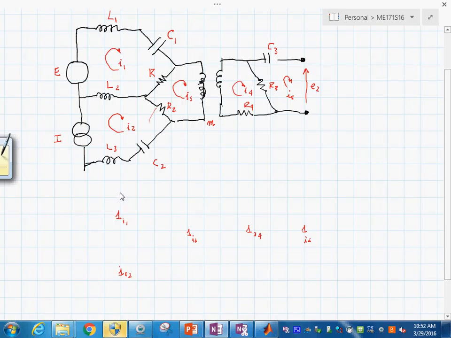currents, and so you can easily identify this one over here. Maybe we should change colors here to make it a little nicer.